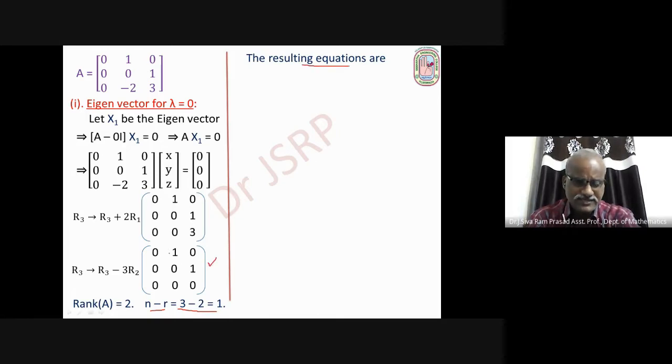Multiply this echelon form with the column vector x, y, z and equate to 0. So the first equation: multiply this row with column x, y, z: 0 into x plus 1 into y plus 0 into z. This is y. So y equal 0.